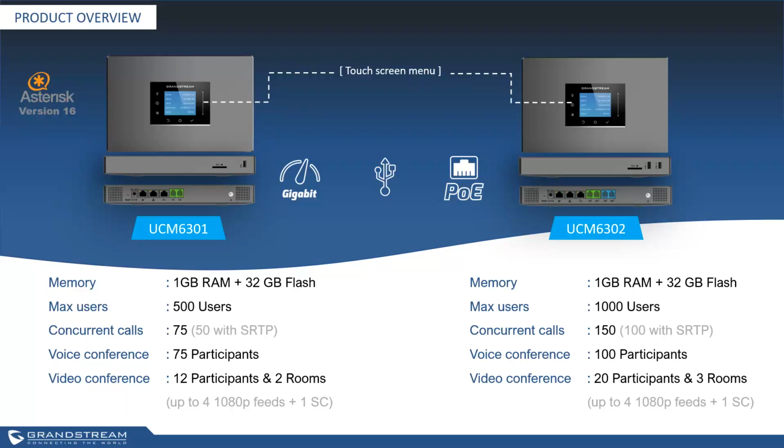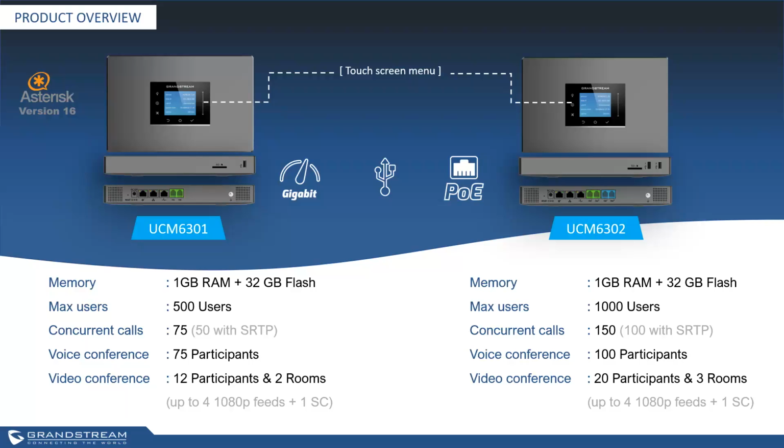We also use a more powerful CPU. In the UCM6200, we used dual core processors. In these models, we use quad core processors. On the bigger model, we use an even more powerful CPU.